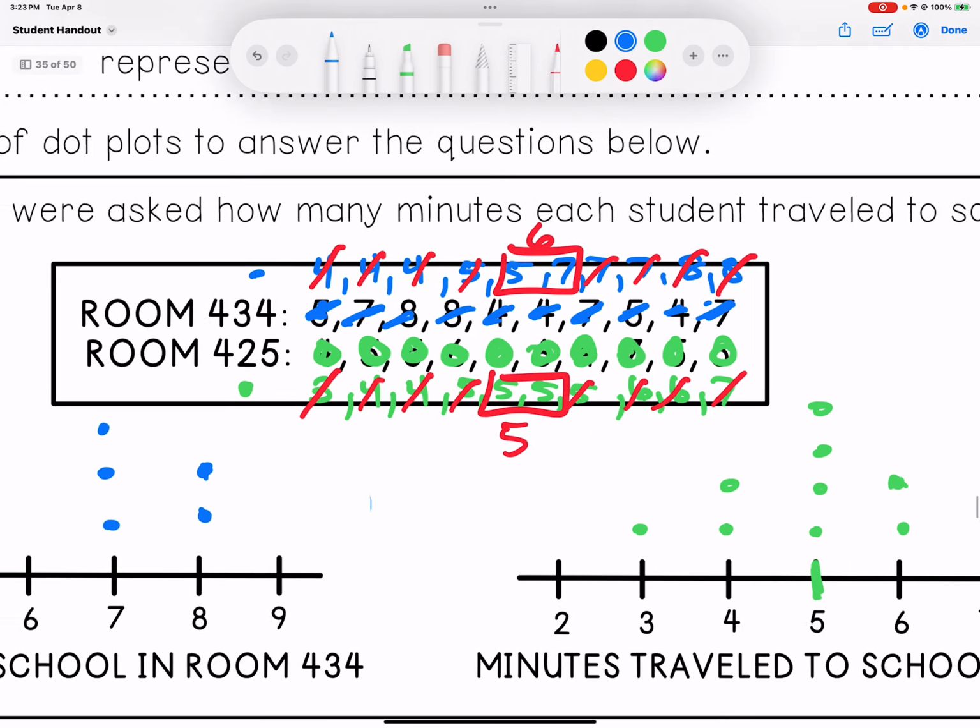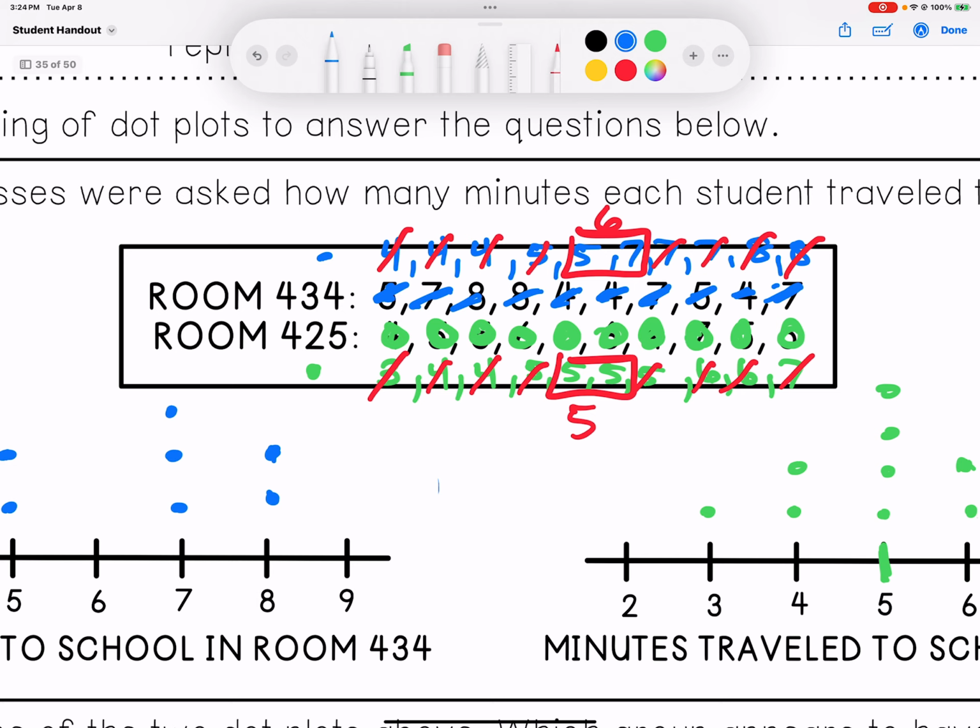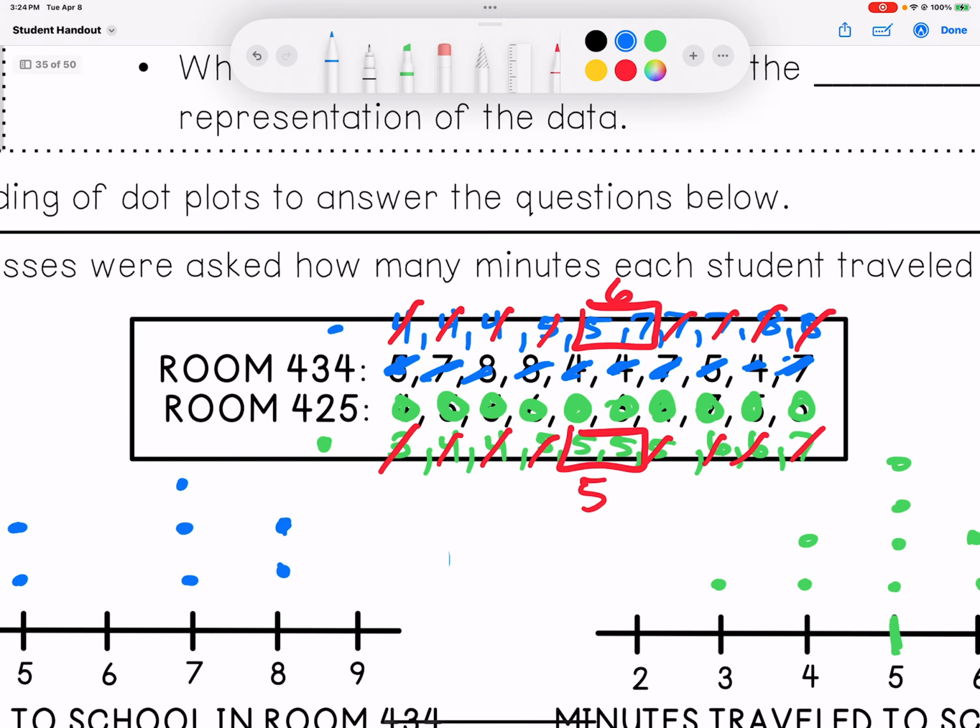All right, so if we go and find the IQR, I really can't erase those red X's, so we're just going to have to look through them. What is the middle of the left side right here? Well, it's 4. What is the middle of this side? 7.5.